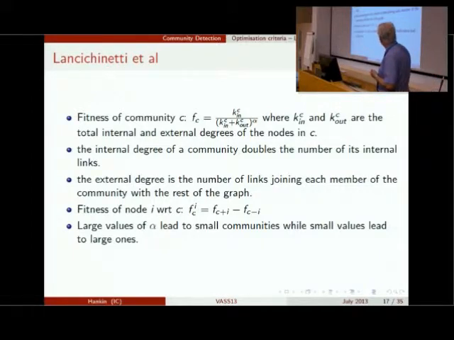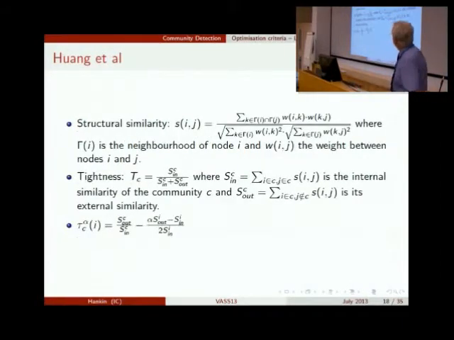So this is where I has been added into the community, and this is where I has been taken away from the community, or isn't in the community. And again, alpha is the tuning parameter. So if you take a large alpha, you get small communities, and if you take a small one, you get large communities.